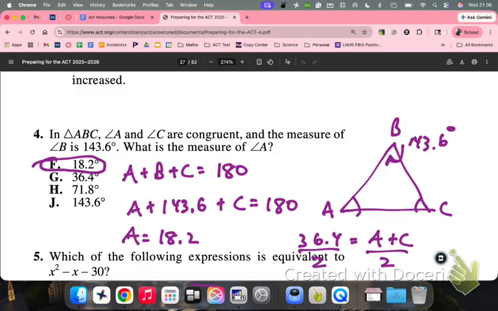The numbers all have to add up to 0. It has to add up to 180 degrees, 0.0. So for just adding, we've got 143.6 and then two more numbers that have to add to a 0.0.